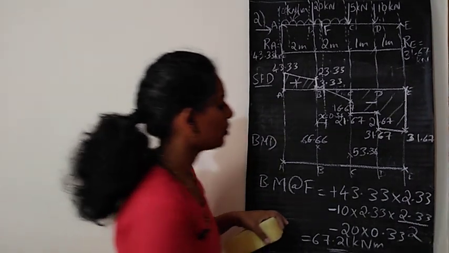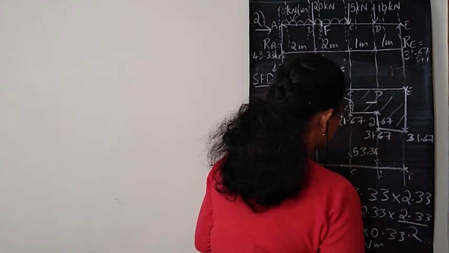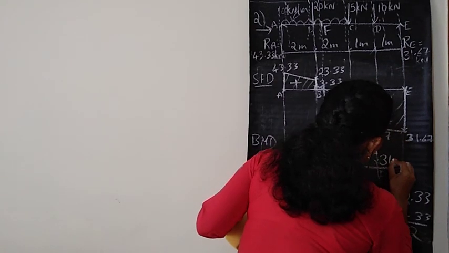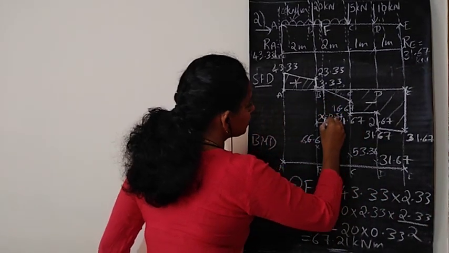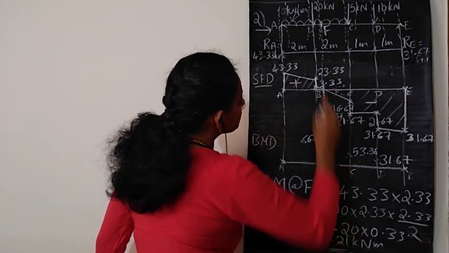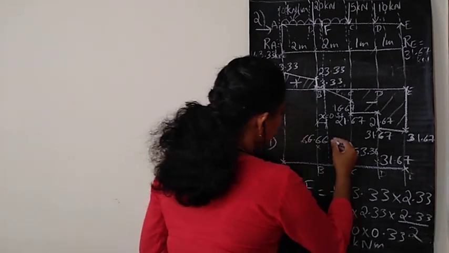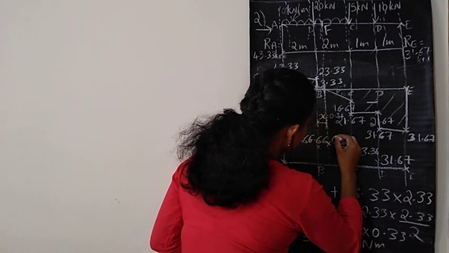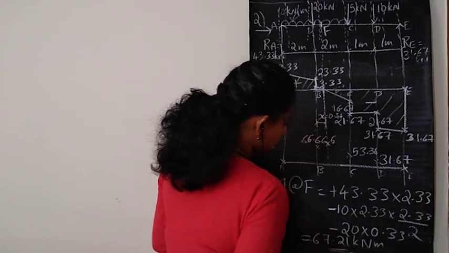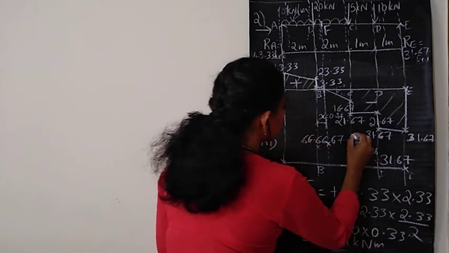Point D is 31.67. And you have this point, that is at point F, maximum bending moment 67.21. So this line, above this line, 67.21.